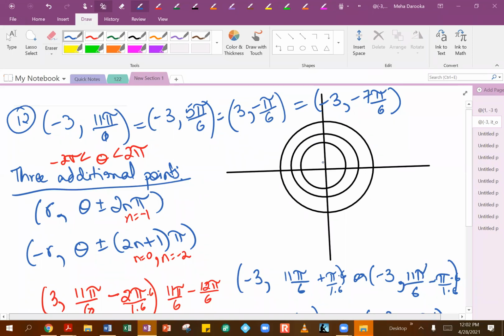So when you graph this, this is going to be our 5 pi over 6. And since this is -3, you are going to be coming out to the third ring. And this is where that angle is going to fall in terms of plotting this point.